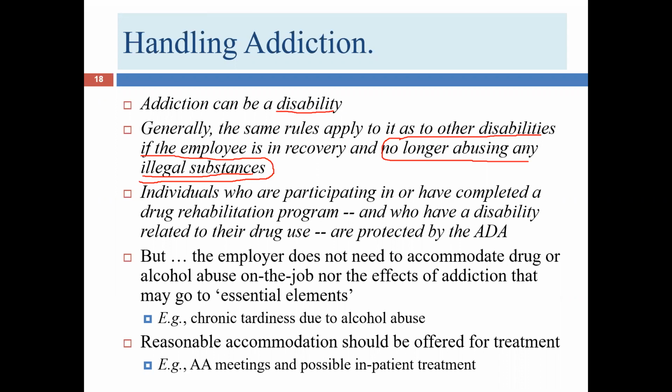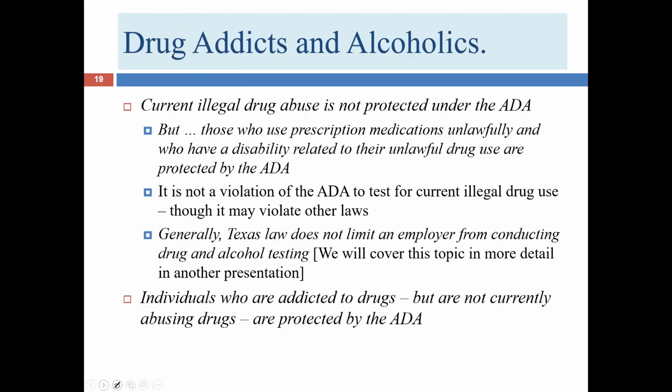On the other hand, if I work in a bar and most of my orders are going to have customers that are ordering alcoholic beverages, then that wouldn't be a reasonable accommodation for me. So those would be an example of what could be reasonable and what wouldn't be reasonable under the circumstances.